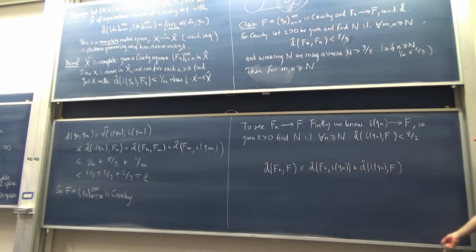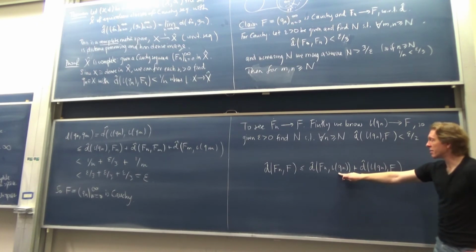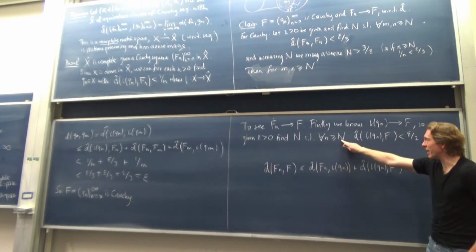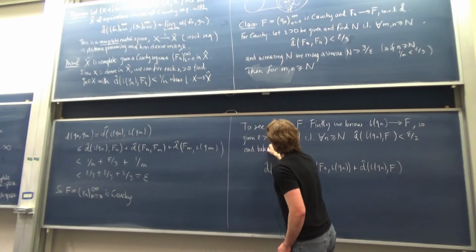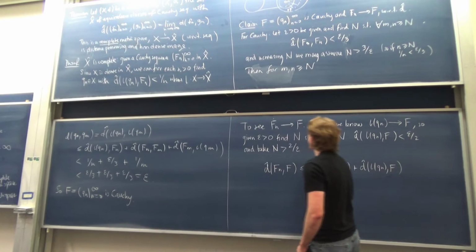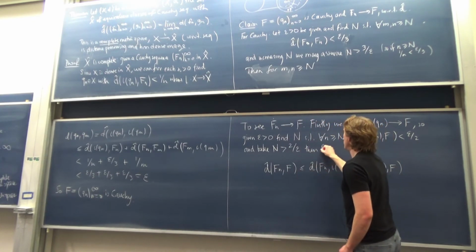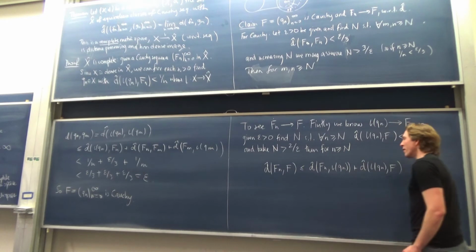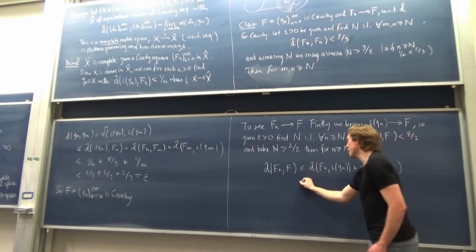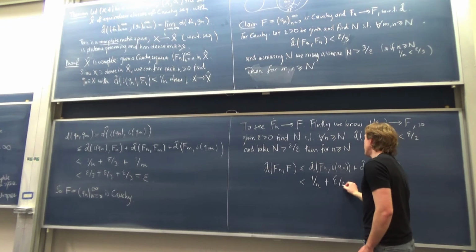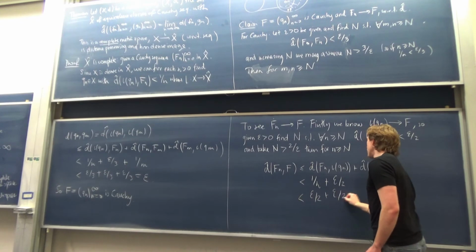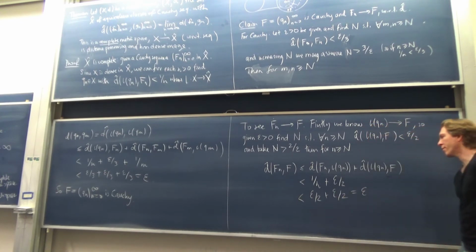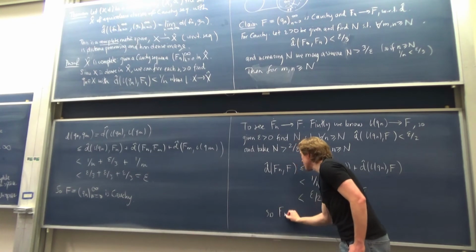That takes care of this. And for this, it's going to be less than 1 on n, so again I just need to take capital N sufficiently large. So let's take N greater than 2 on epsilon. Then for n greater than or equal to N, this guy here, which is by definition less than 1 on n, is less than epsilon on 2. So that's it.